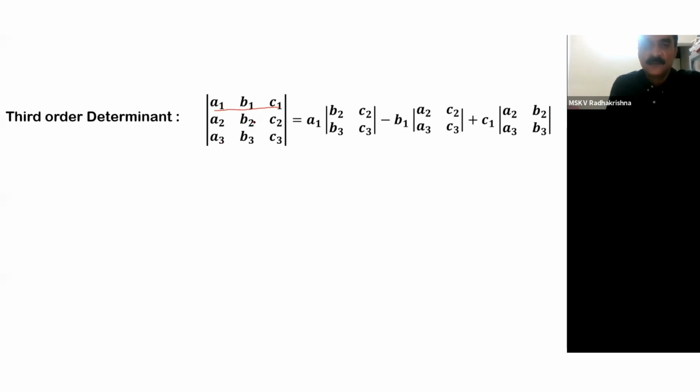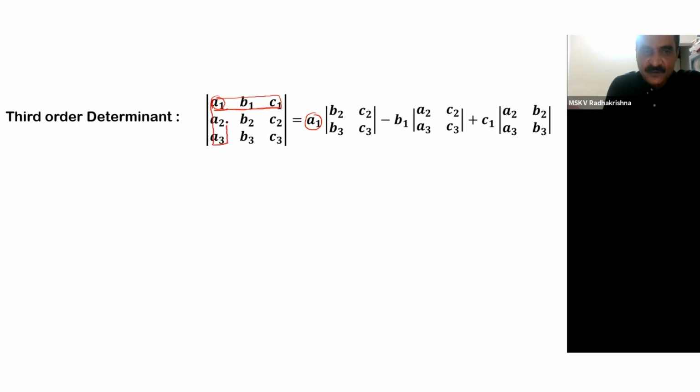All right. Now using first row, how to find the value of this determinant? You take first element of the first row, A1, and multiply by the determinant formed by removing the row containing the element and column containing the element.